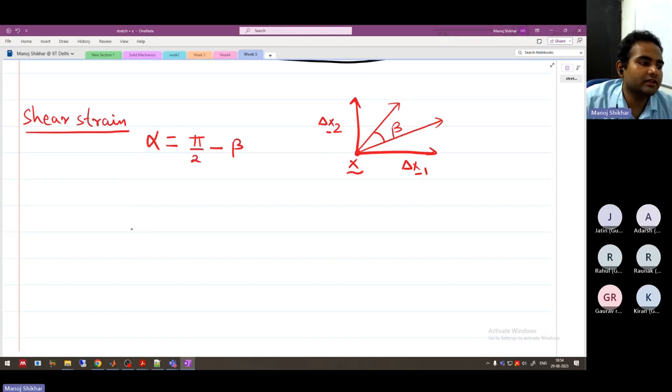Now, mathematically, how do we formulate it? So suppose we are denoting this line element with direction small m and this with small n. You can look at the derivation in the video lecture. I will give you the final form.